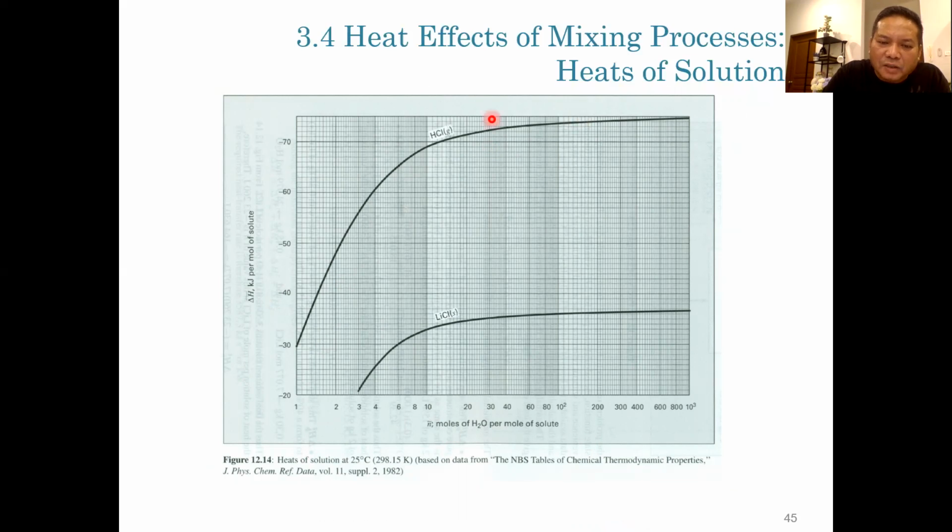As it becomes pure, why is it? When it goes toward this side, the more solute, it goes toward the pure species, so it will not produce any heat of mixing anymore because it's a pure species. If you go further, the more dilution is toward pure species, and this is finite dilution.